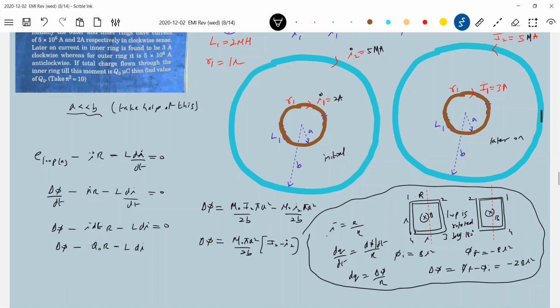What is di? It is the change in current in the inner loop, from capital I1 to minus I1. Let me substitute all the values: mu naught pi a square by 2B, di should be equal to... solving this will give the expression for Q naught.